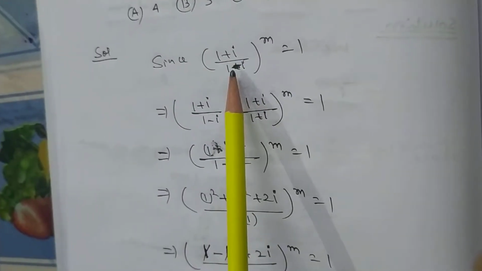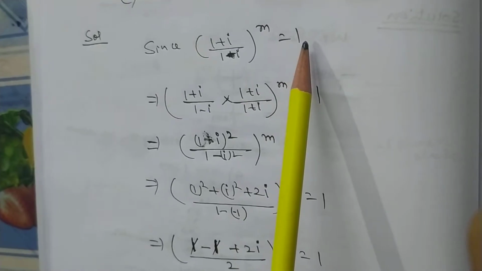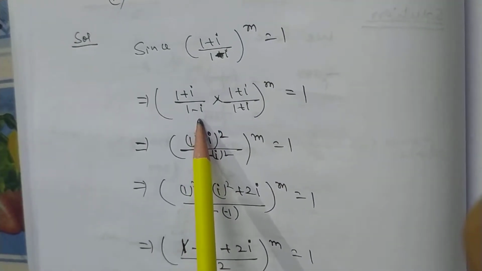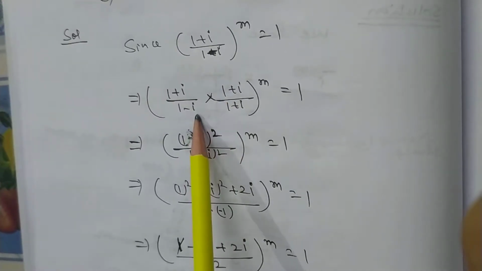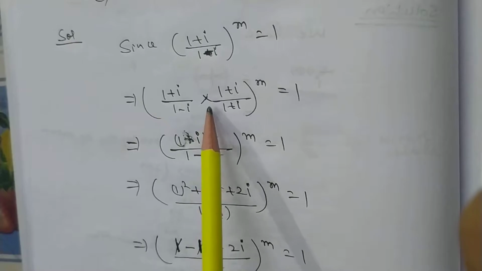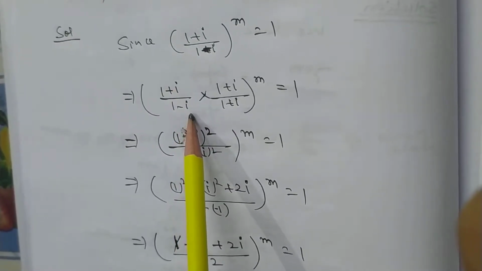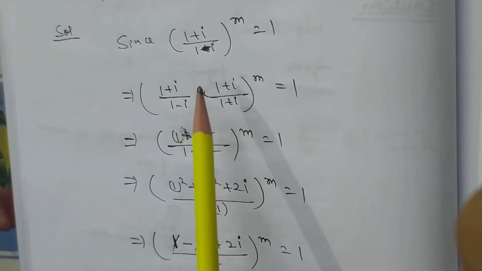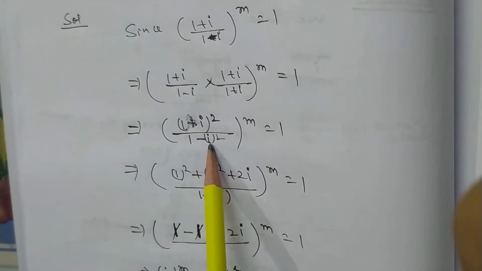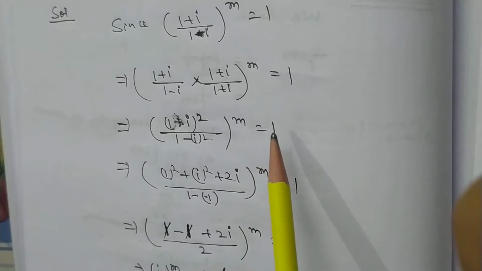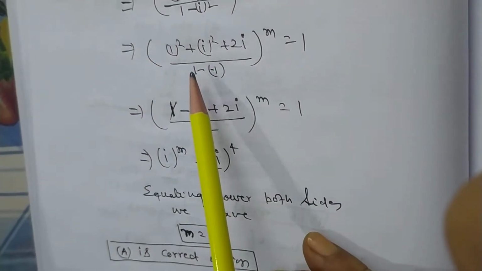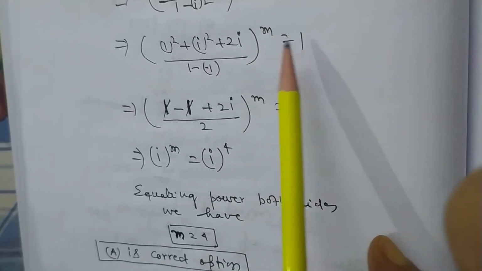Now, 1 plus i divided by 1 minus i whole to the power m is equal to 1. Now you simplify it by multiplying by the conjugate of the denominator, and it will be 1 plus i square over 1 minus i square whole to the power m is equal to 1, and it is 1 square plus i square plus 2i over 1 minus minus 1 whole to the power m is equal to 1.